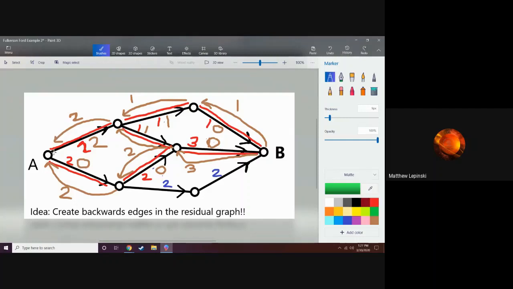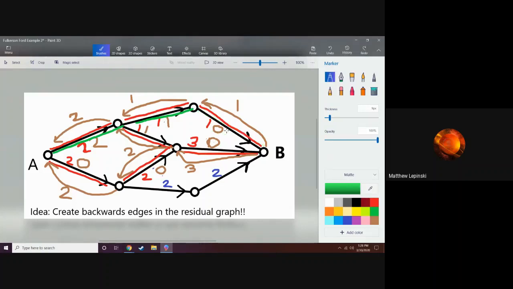But I can't, for example, go here, here, and here, because if I'm trying to go from the top down to B, there's a 0. So there's no way to pump more along this green path.